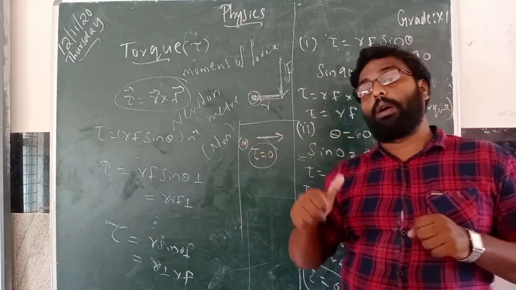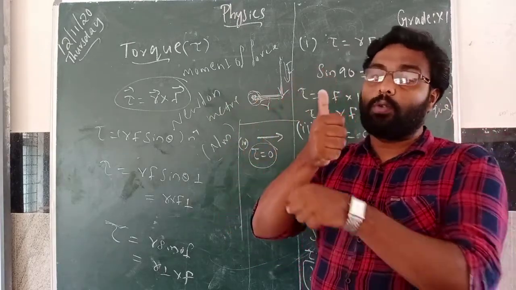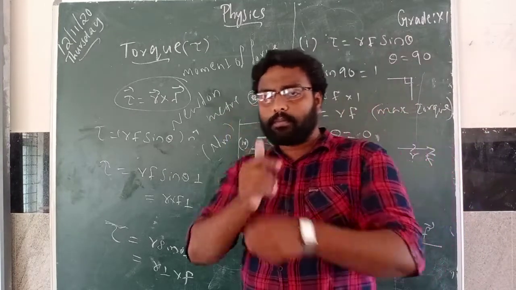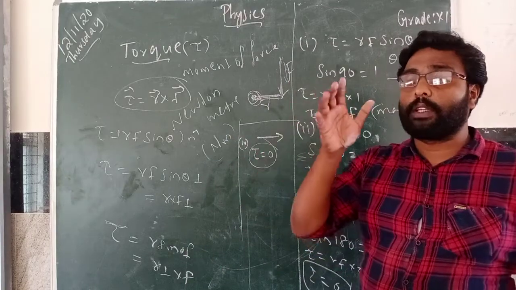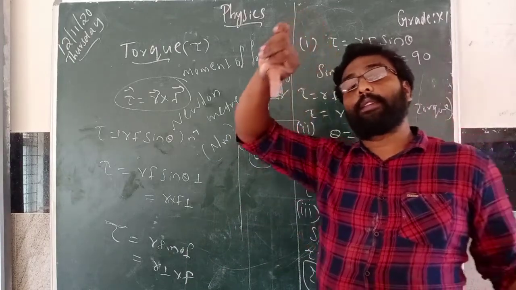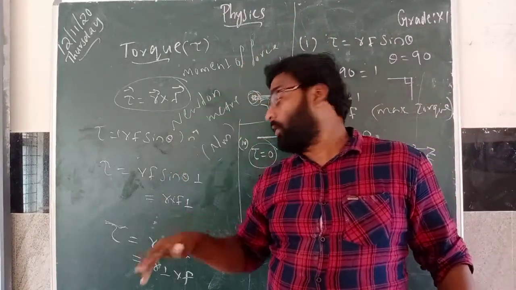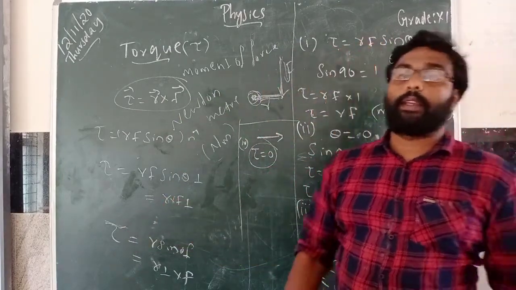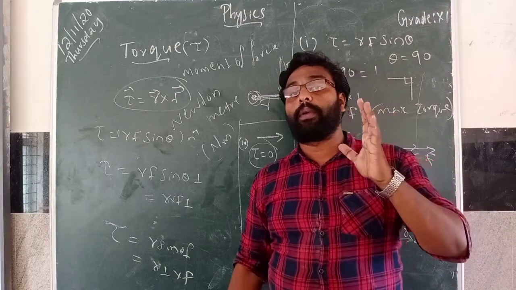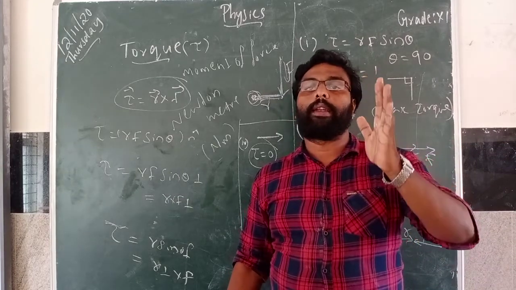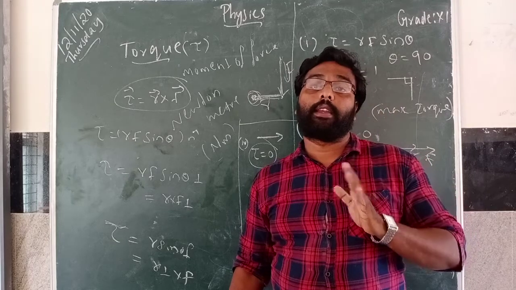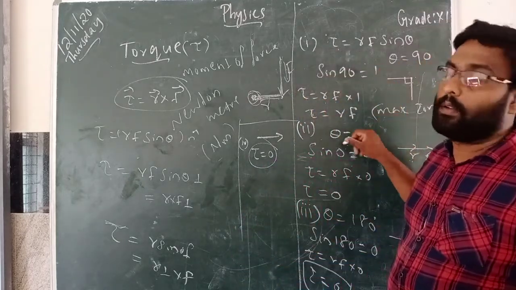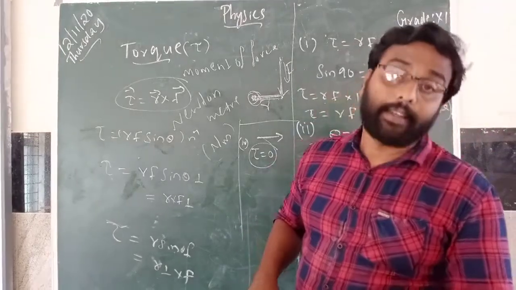If it is out of the paper, then the object rotates anti-clockwise. If it is into the paper, the object moves clockwise. Then there are 4 cases. In which case will torque be maximum? At 90 degree. If the angle is 90 degree, torque will be maximum. In all the remaining cases, theta is 0.